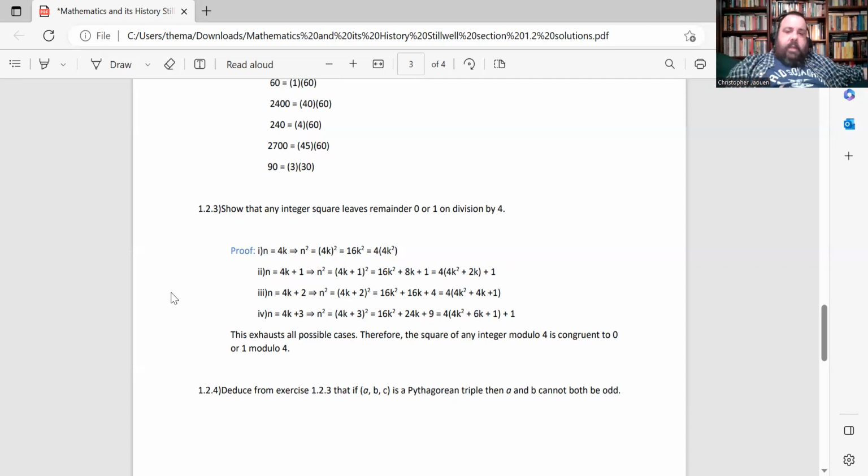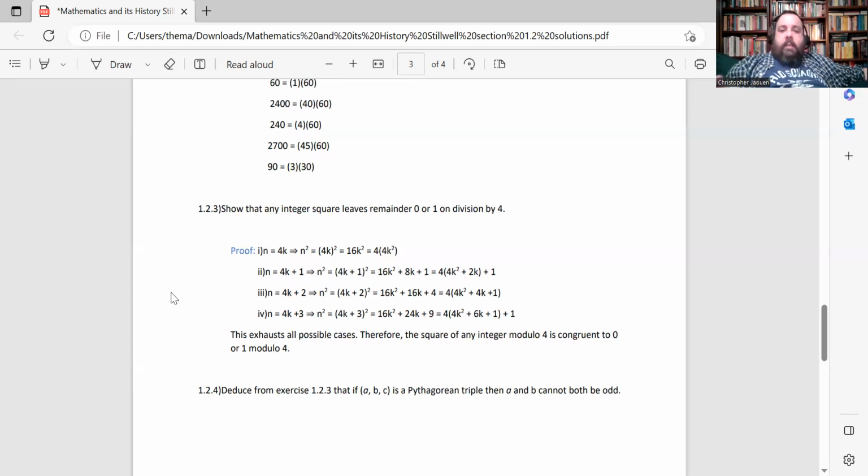Okay, case 3, we'll take a remainder of 2. So n is of the form 4k plus 2. And if you square that, you get a number that is congruent to 0 mod 4 if you simplify. And then if you take n congruent to 3 mod 4, in other words, the remainder is 3, then n has the form 4k plus 3, and if you square it, you get a number that's congruent to 1 mod 4.